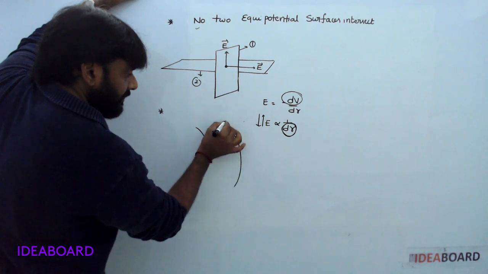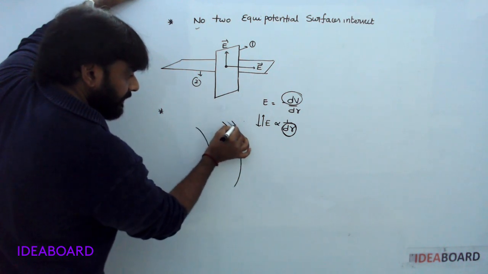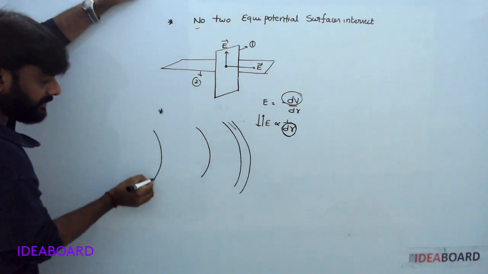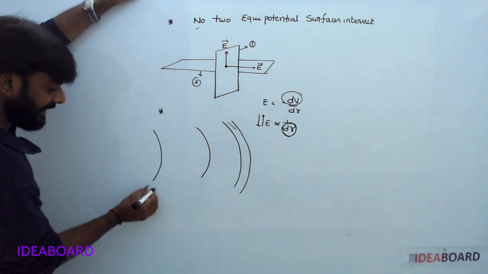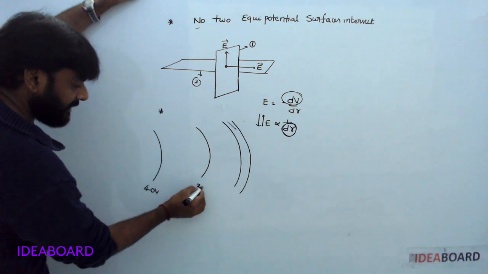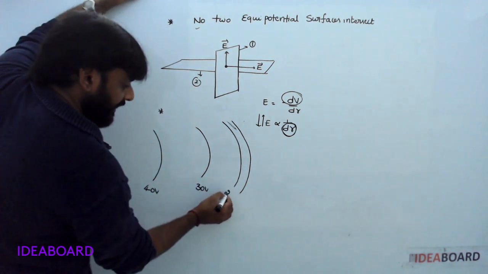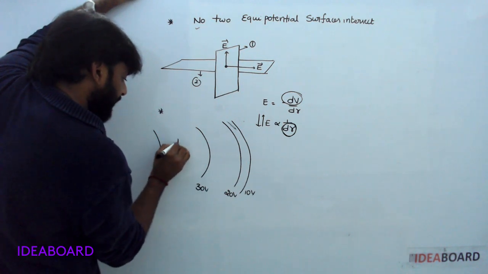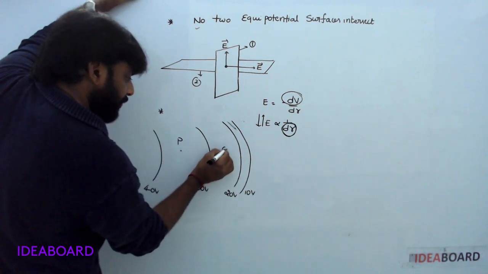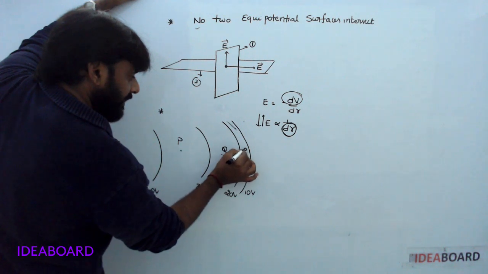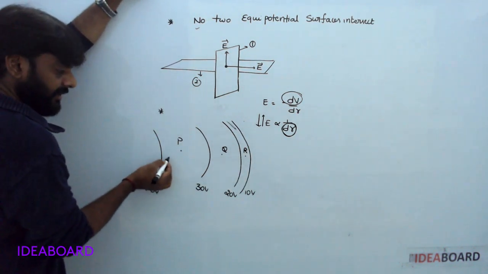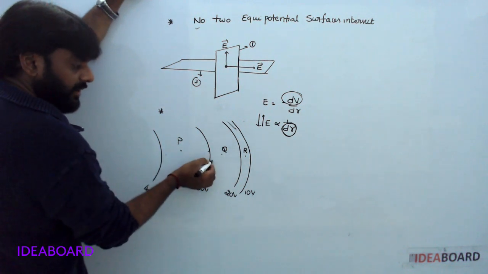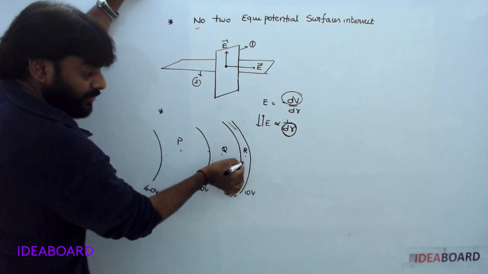Let us consider these regions. It is 40 volts, this one is 30 volts, 20 volts, and 10 volts. Point P, point Q, point R. See, here in this region, the distance is more compared to this one, and more compared to this one.